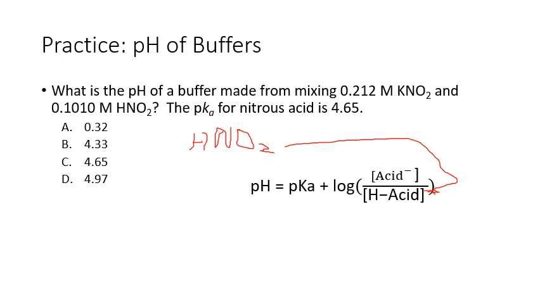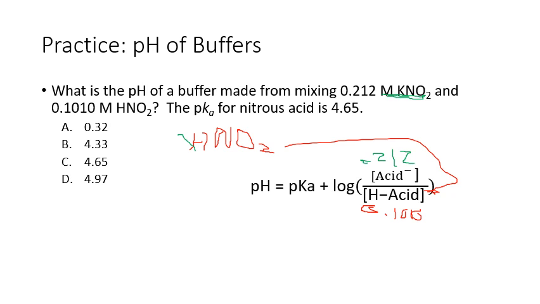So we know the HA down there was 0.1010. So that's our HA. And we also need the concentration of the A minus, which would just be the NO2 without the H, or in this case, the KNO2. There's no H on KNO2. So the top value for that, 212.